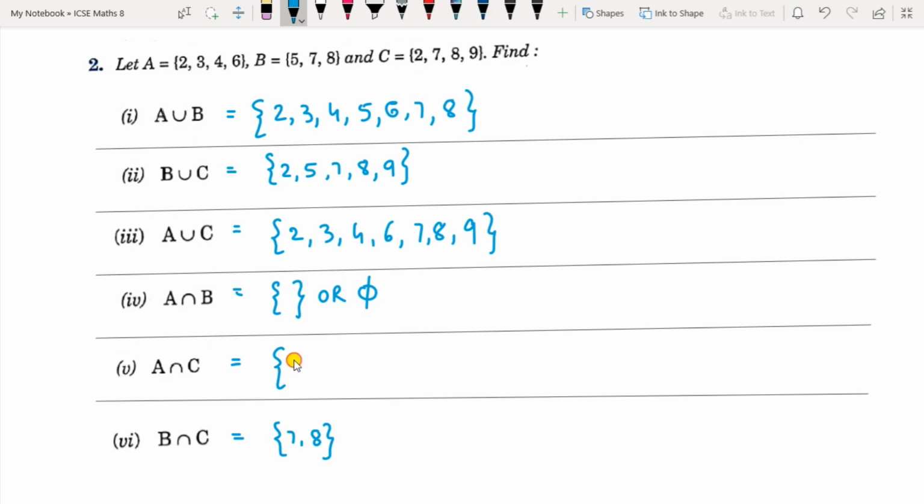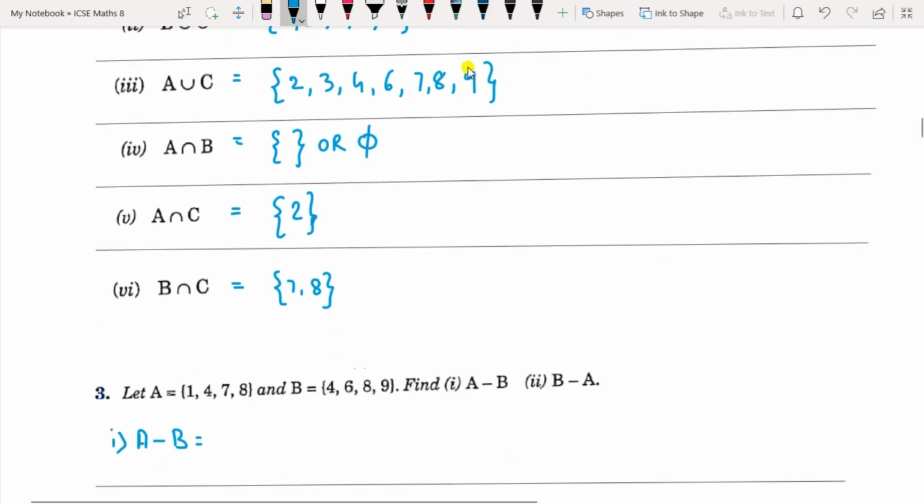Those are 2 and nothing else. So only 2 is common. Here is 3, 4, 6, and 3, 4, 6 is not present here. This is B intersection C: 7 and 8 are common in both the sets. So this way you have to solve question 2.